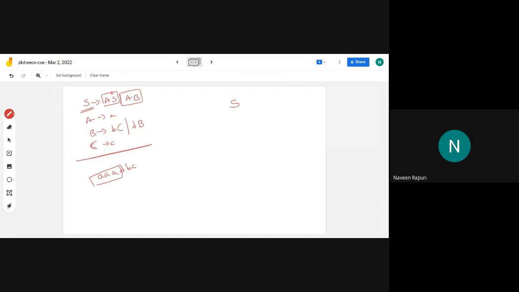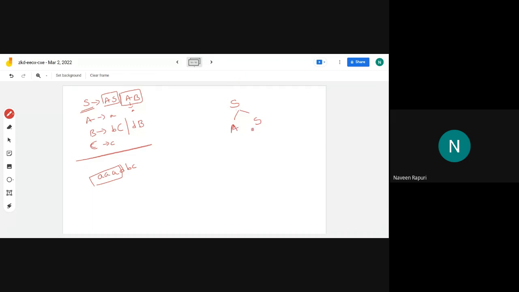Suppose if I take A B, here A means a, and B means there is no chance to go back for reading A S. That's why I am taking A B.